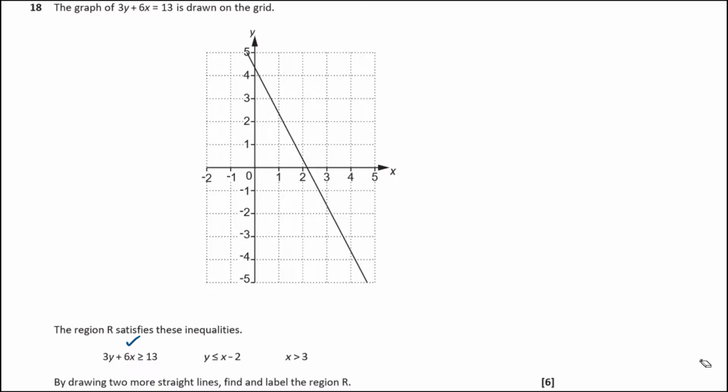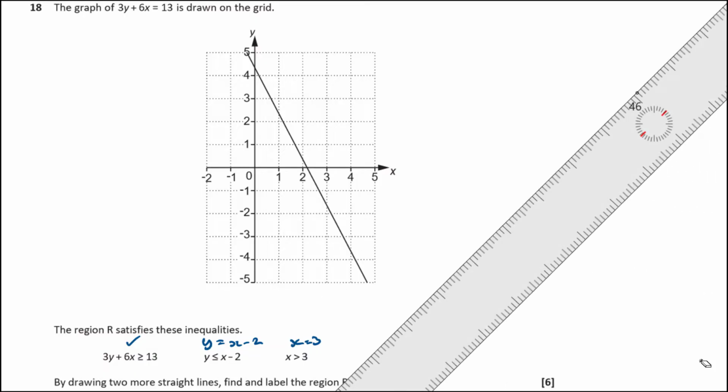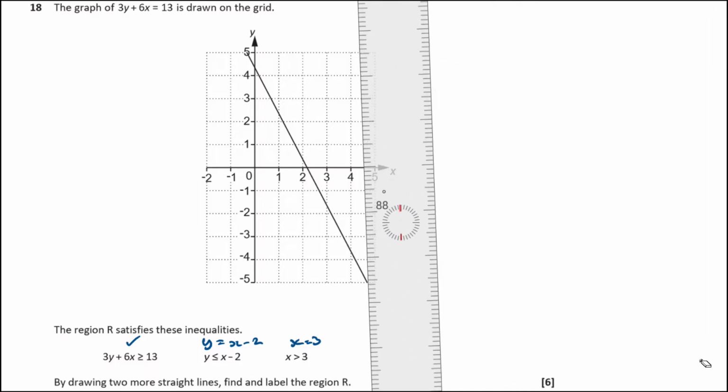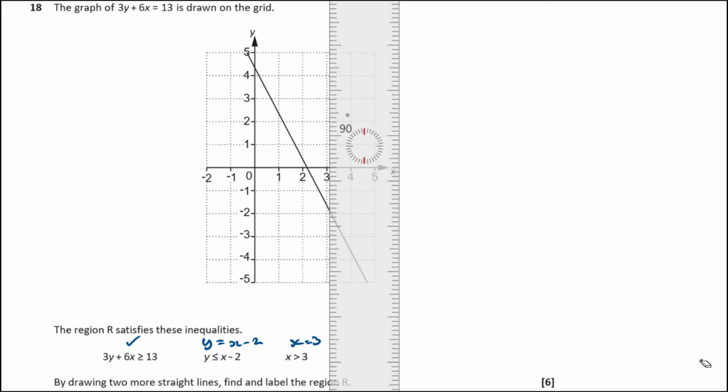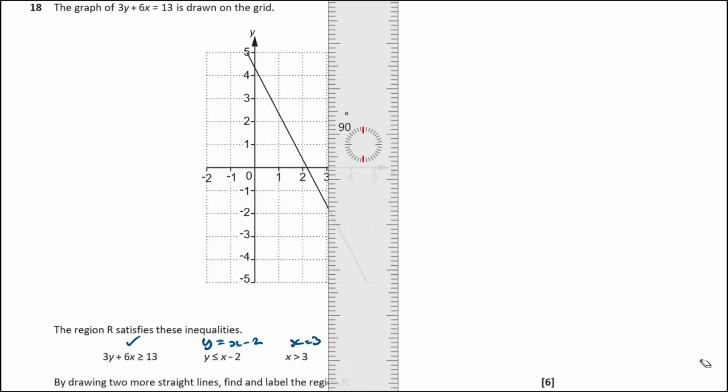So let's draw on y is equal to x minus 2 and x is equal to 3 onto the graph, and then we can decide which side of the line we're interested in. We'll do the easiest one first. x is equal to 3. That's just a vertical line through x is equal to 3, isn't it? So let's just draw that one on first.